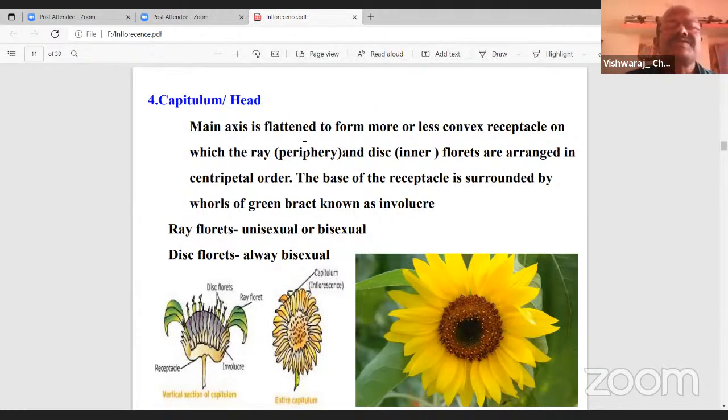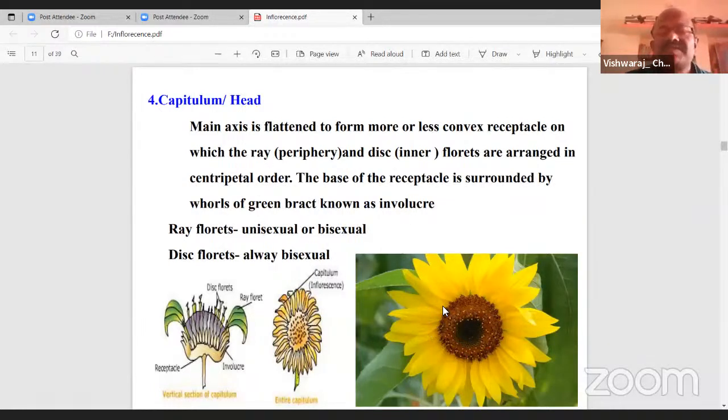Fourth type of racemose inflorescence is capitulum or head. The main axis is flattened to form a more or less convex receptacle on which the ray and disc florets are arranged in centripetal order. The base of the receptacle is surrounded by a whorl of green bracts known as involucre.